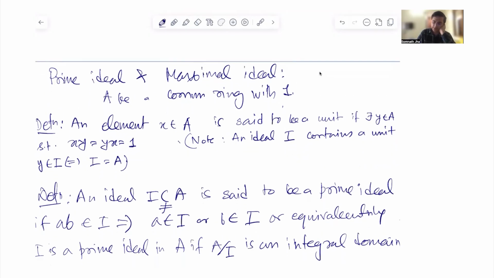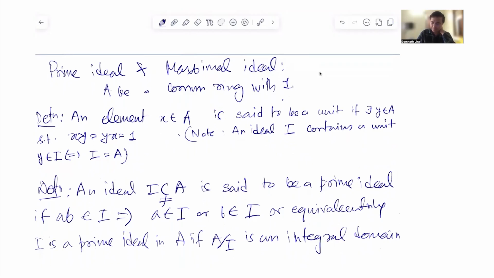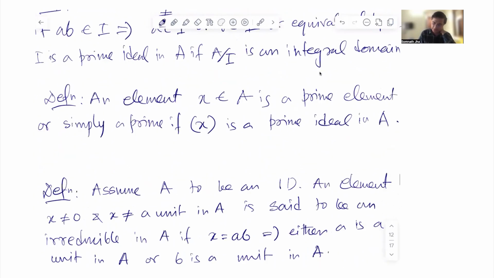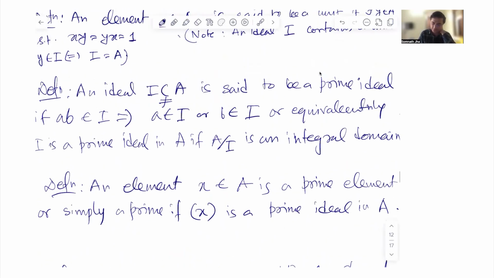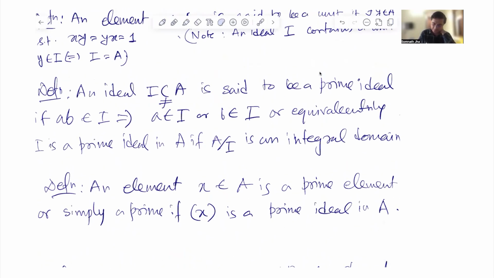Next is prime ideal. An ideal I is said to be a prime ideal if ab belongs to I implies... So maybe I should first say an element. Maybe I can swap this.